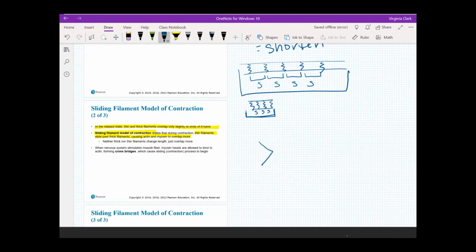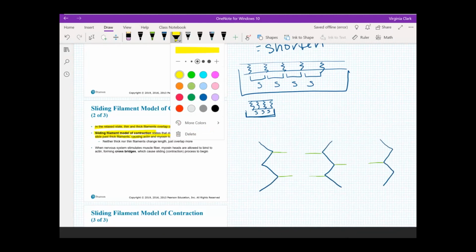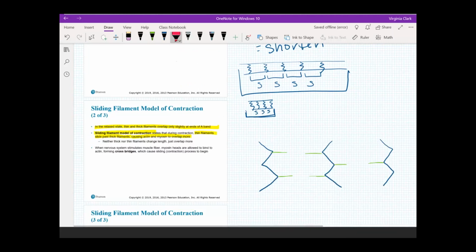Because it's just easier to draw, here's my sarcomere. Here's my thin, thin, thin, thin. Here is my thick. Just to make it easy, we're not going to draw the whole nine yards.